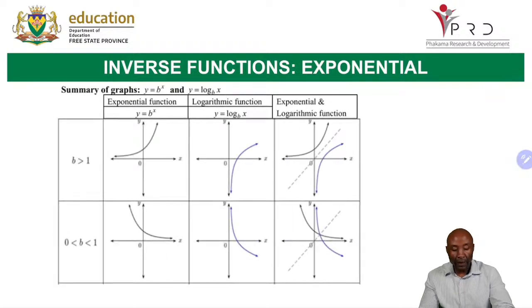And then for the inverse of an exponential function, we have two cases. If our base is greater than 1, then our inverse will be an increasing function as well. If our base is a fraction between 0 and 1, then our function is decreasing.